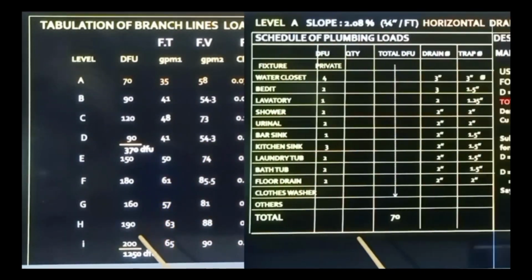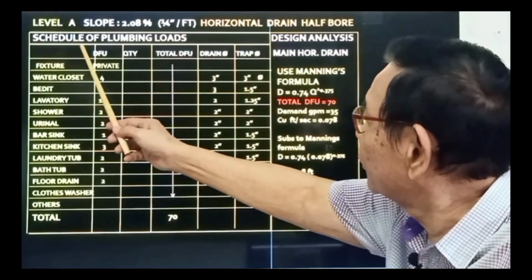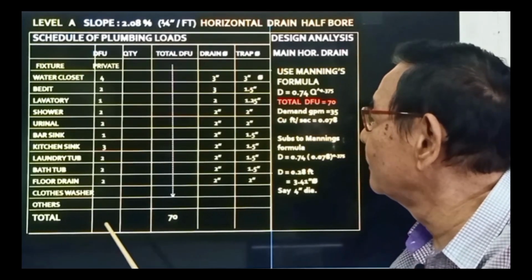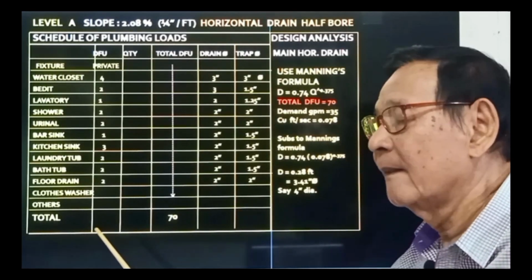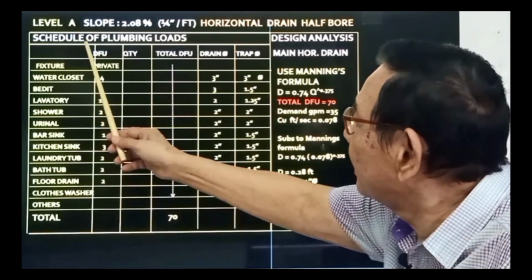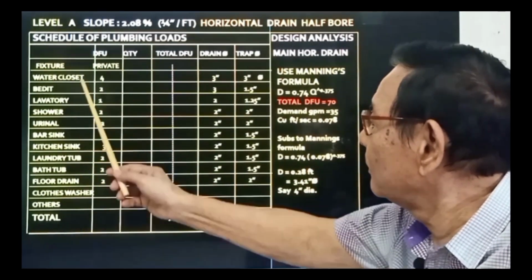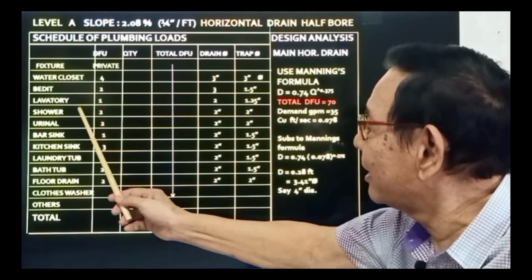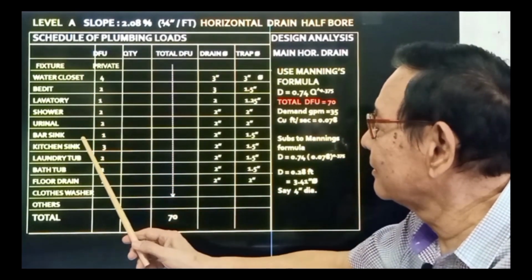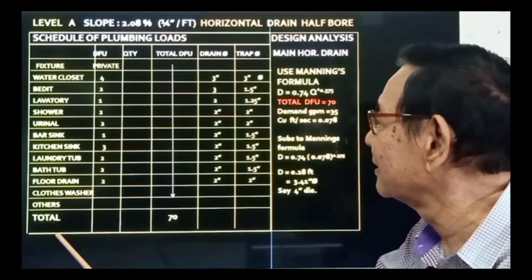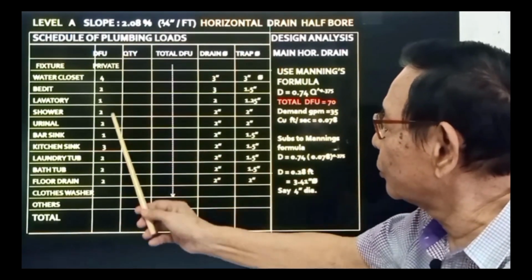This is the schedule of plumbing loads in terms of fixtures. You have heard of the appliance loading. We have the water closet, bidet, lavatory, shower, urinal, bar sink, kitchen sink, laundry tub, bathtub, floor drain, clothes washer, and others. You have the drain fixture units equivalent.